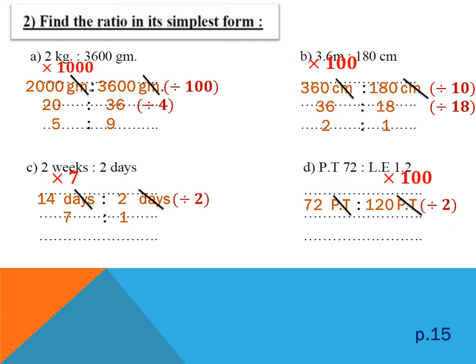Both of them are even. We check to divide by 2. 72 divided by 2 is equal to 36, 120 divided by 2 is equal to 60. 36 and 60 can be divided by 6. 18 divided by 6 is equal to 3, and 60 divided by 6 is equal to 10, and this is the simplest form.